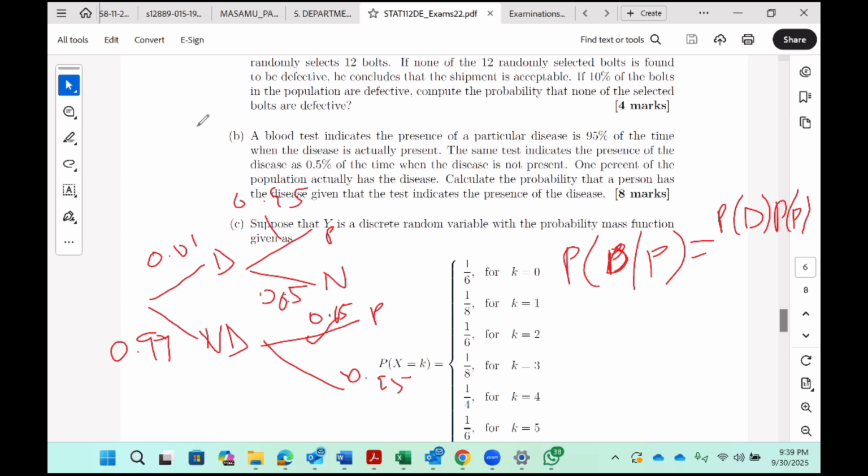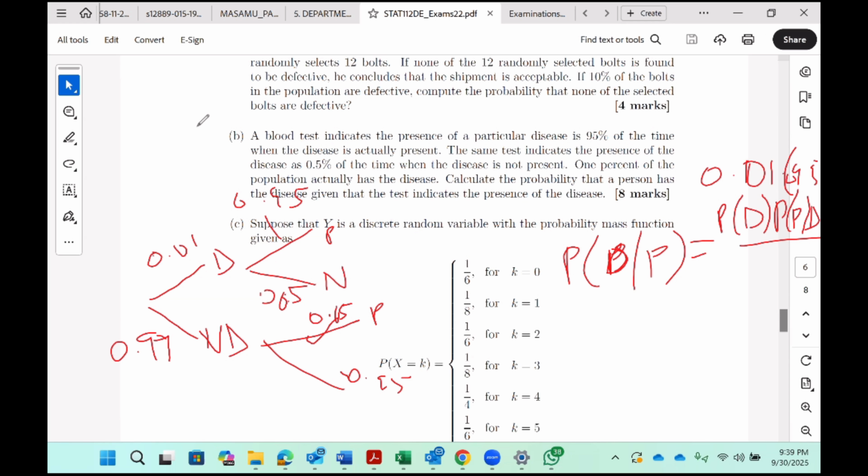The probability of D is 0.01, times the probability that he tested positive given that he has it, that's 0.95. That will be the numerator. So 0.01 times 0.95.